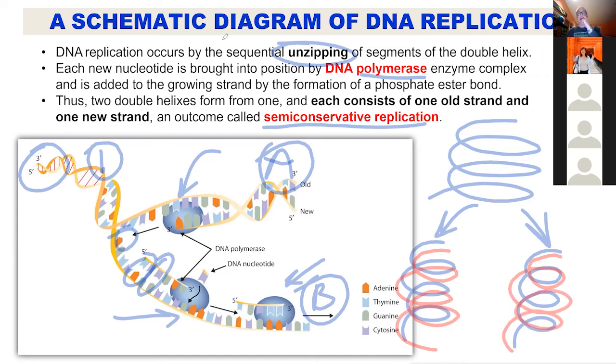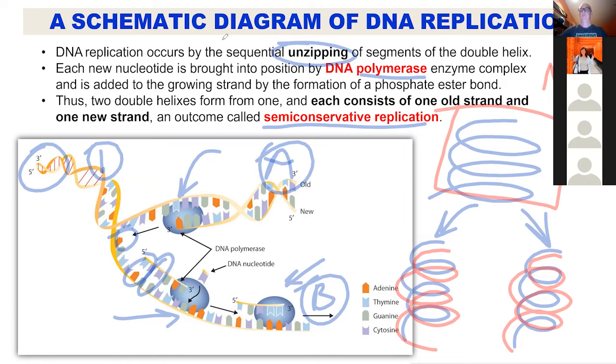So each strand of the two new helixes, one is new and the other one is old. Basically they were able to show that by taking DNA and incubating it in the presence of nitrogen that was heavier. Normal nitrogen weighs 14, right?